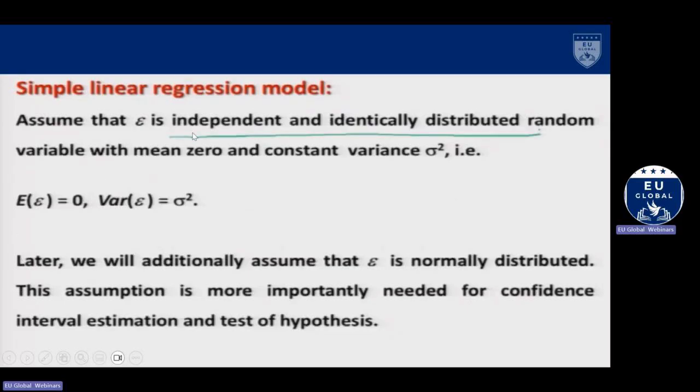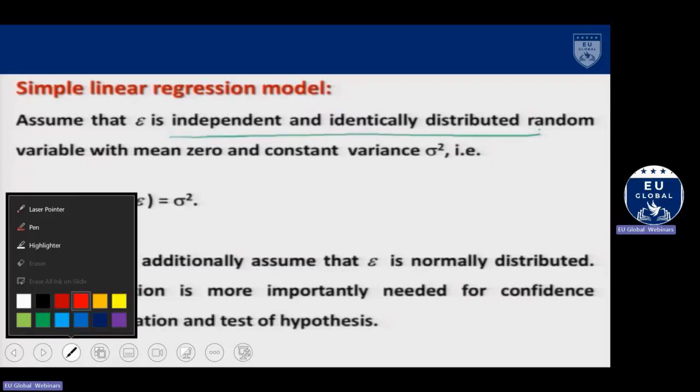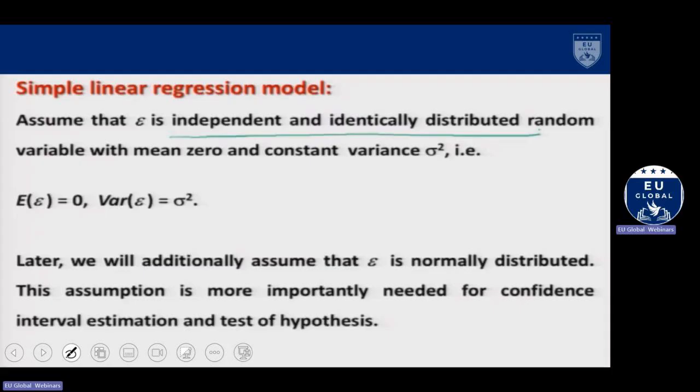So here, epsilon is independent. The value of epsilon is an independent and identically distributed random variable with mean equal to 0. So the expected value of epsilon is taken as 0, and the variance of epsilon is equal to sigma square, right? So what is the variance of epsilon?